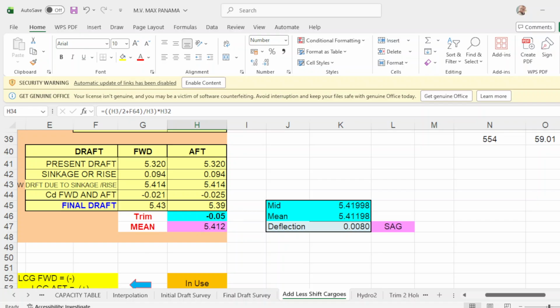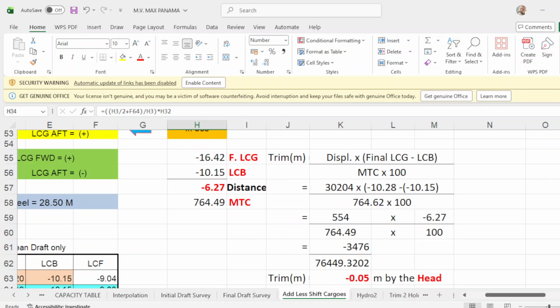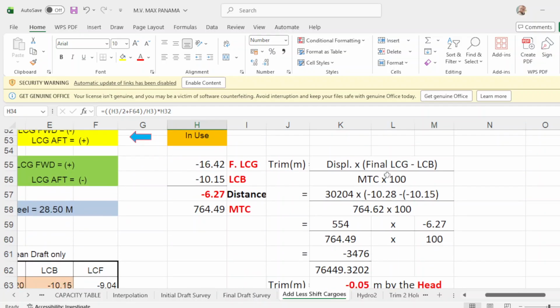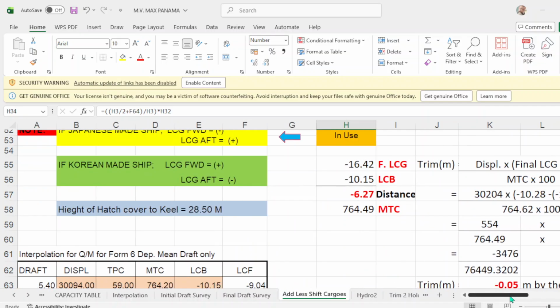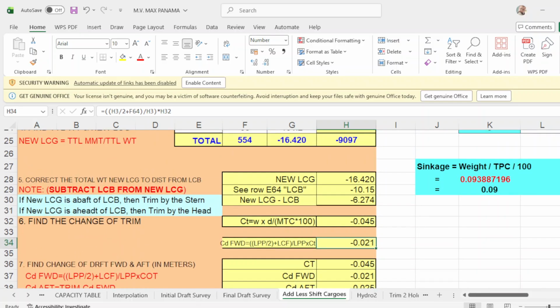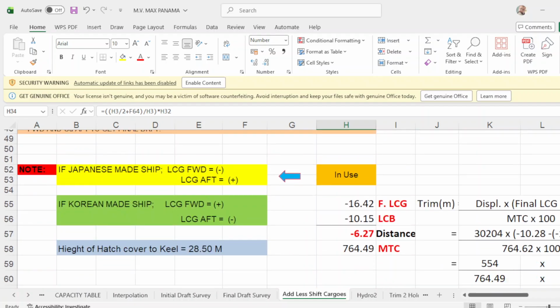This is the actual computation, guys, the manual computation to get the trim. So your final LCG is negative 1642, and your LCB is negative 1015, which is this one, guys.